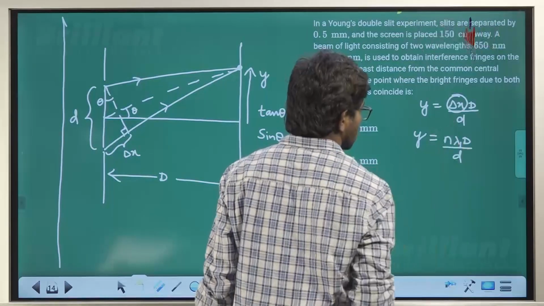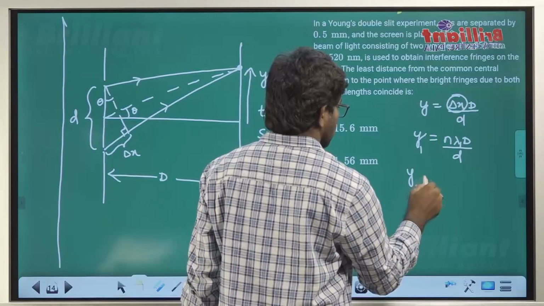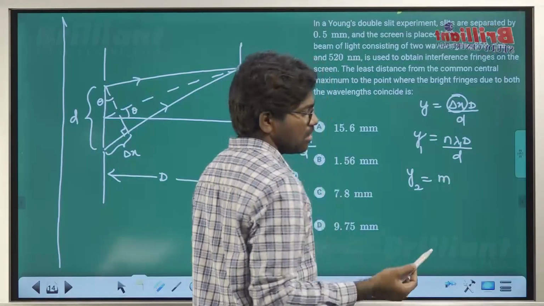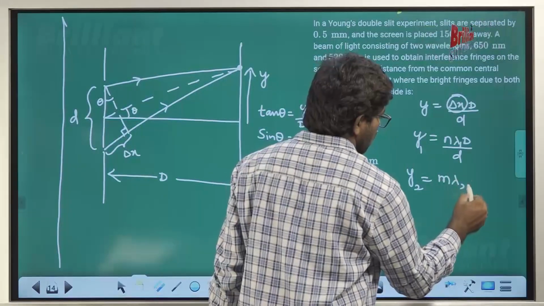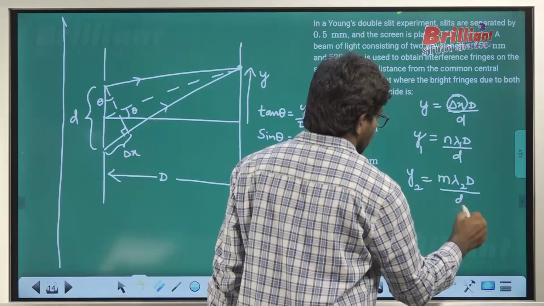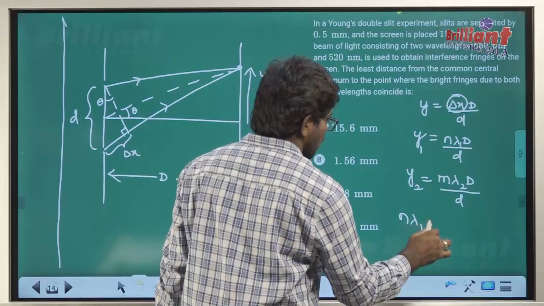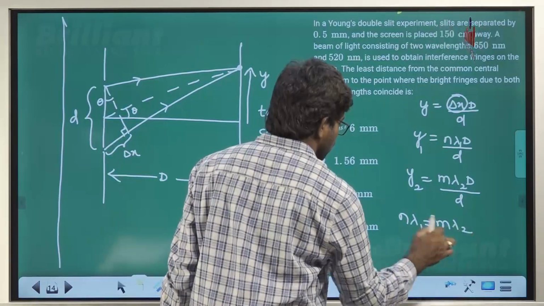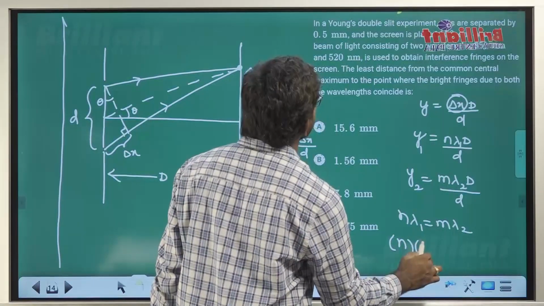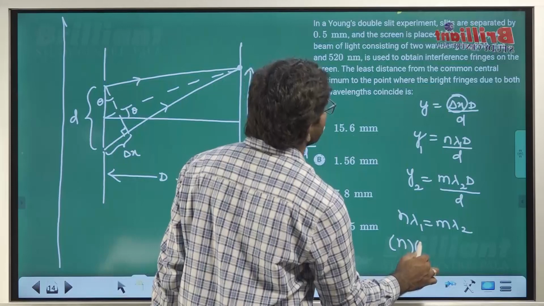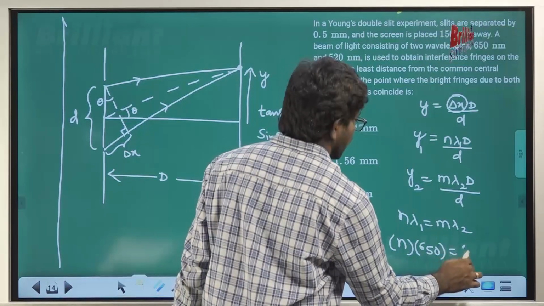So lambda 1, then second one is forming mth maxima somewhere, this is nth maxima, then that is happening at y2, but they said both are coinciding, so y1 equals y2, it means n lambda 1 equals m lambda 2. It means n into lambda 1 is how much? 650, first one, and lambda 2 is 520.